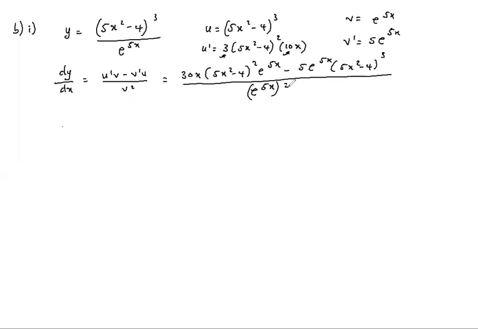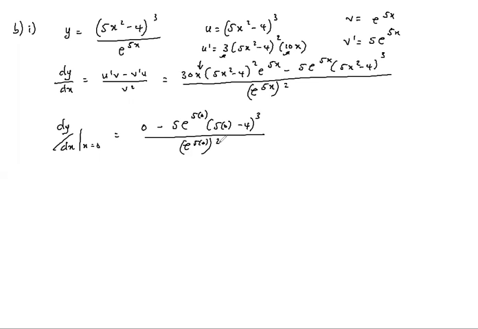Then now you are asked to find this at x is 0. So you substitute x is 0. When you put 0 here, this whole thing will become 0 minus 5e^0 times (0 minus 4) to the power 3, over (e^0) squared.